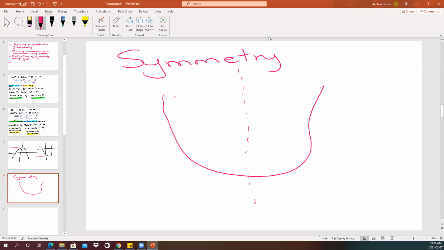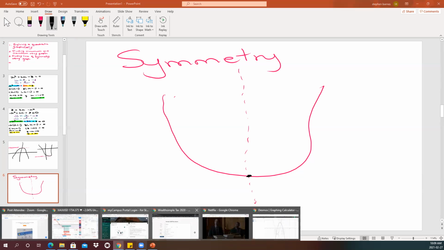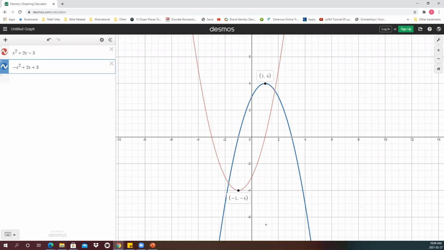Now, when you are taking this off the graph, the easiest way to find it is to find either your maximum or your minimum point and draw a straight line through it, because your line of symmetry usually runs through your maximum or minimum point on the graph. All right, so let's go back to the graph now just to show you what we're talking about.